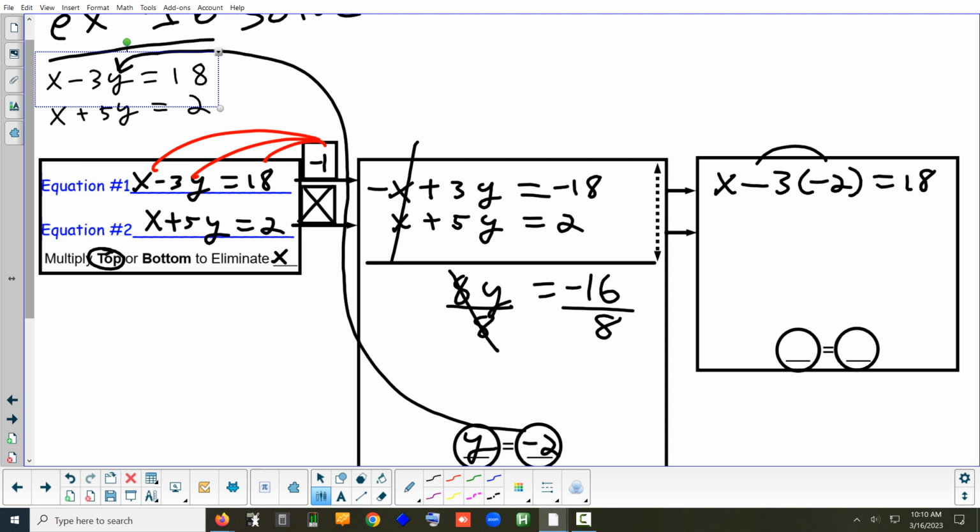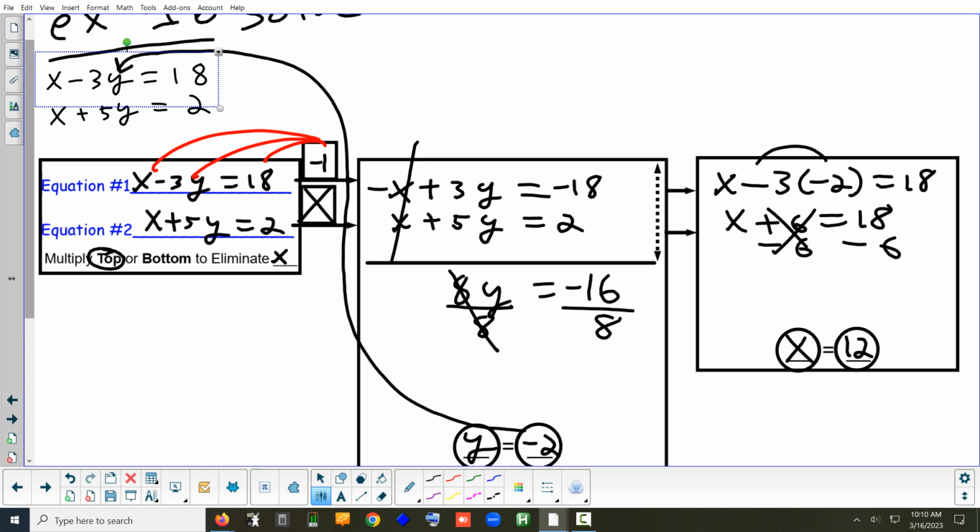What do you get when you do that? -6. Or no, +6. So that's x plus 6 equals 18. And Emily, my last step? Subtract 6 from both sides. Very good. And what does that give me for x? 12. Okay. Any questions on that one?